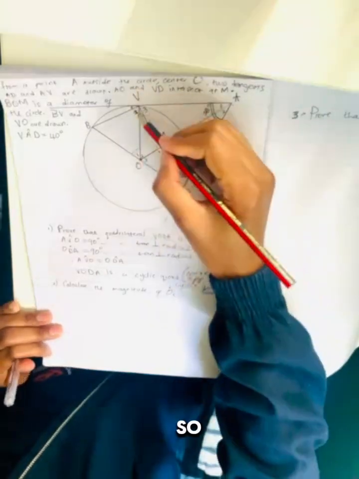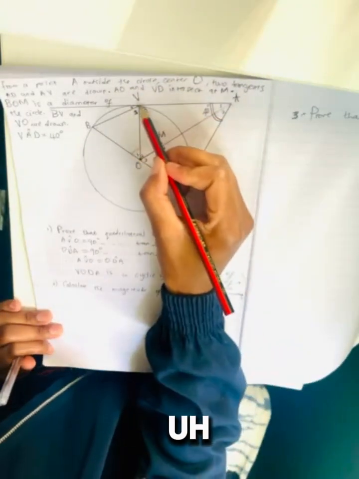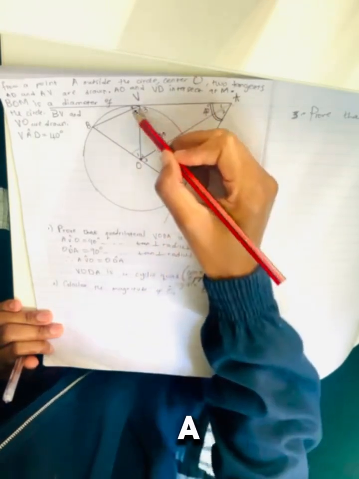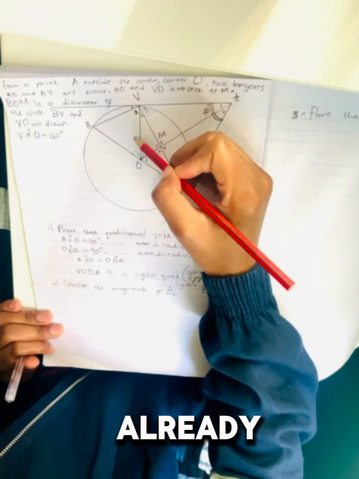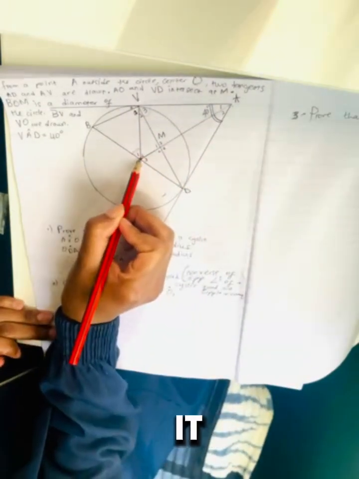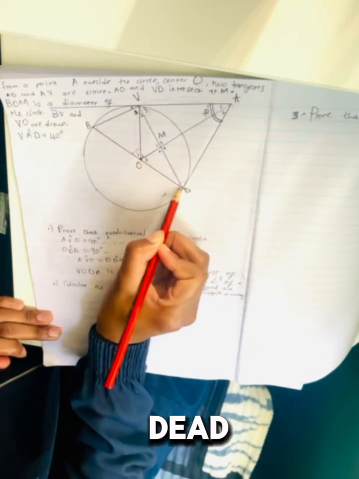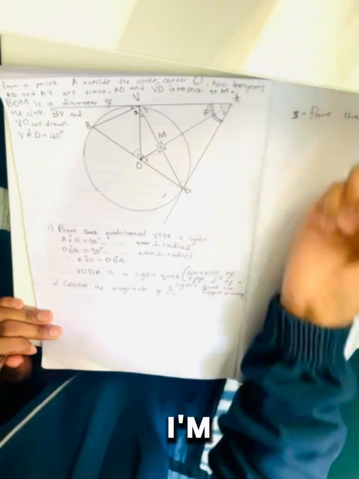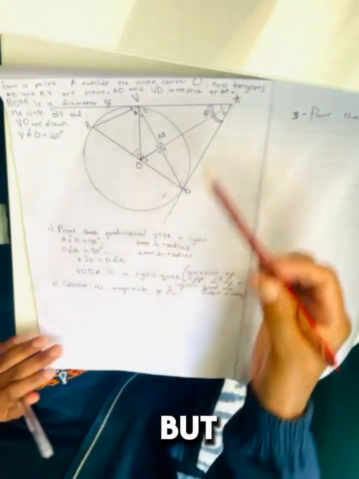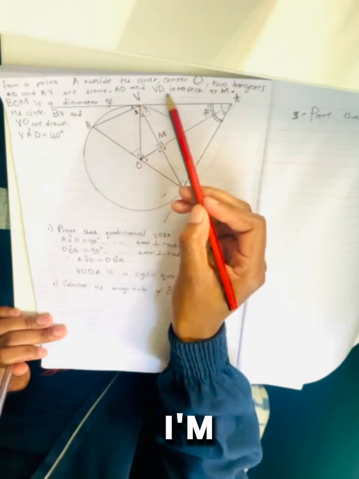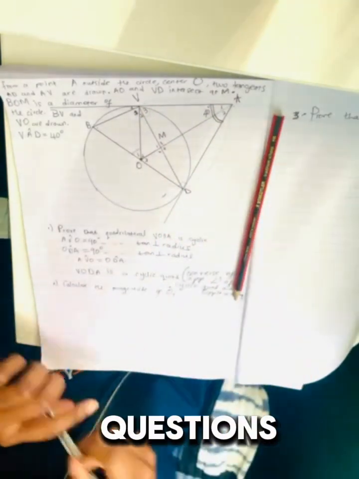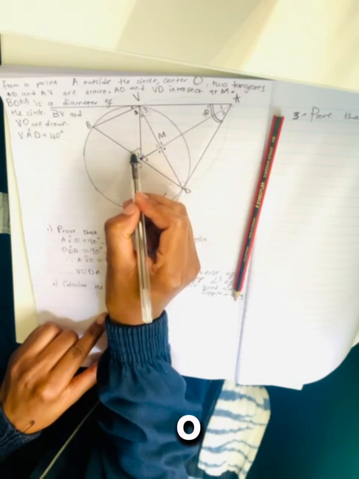So I'm drawing a circle to show that this is now a circle, because we've already proven that it is cyclic. This is our angle O1.